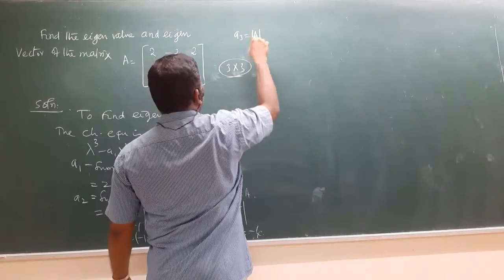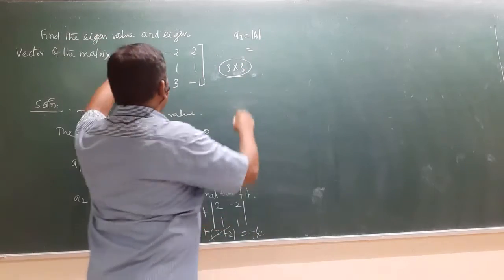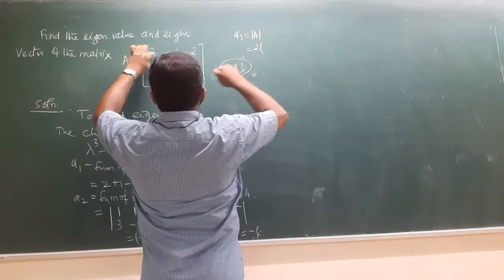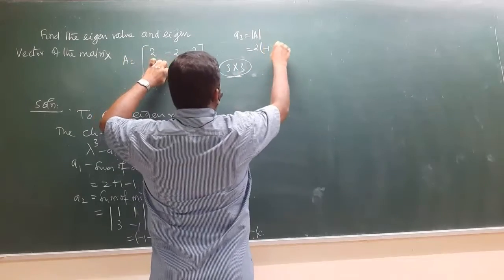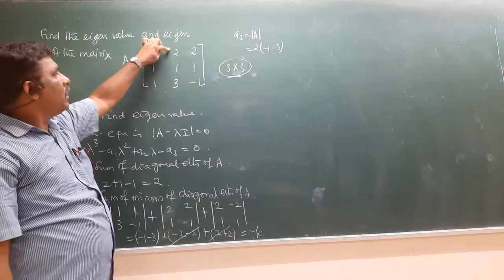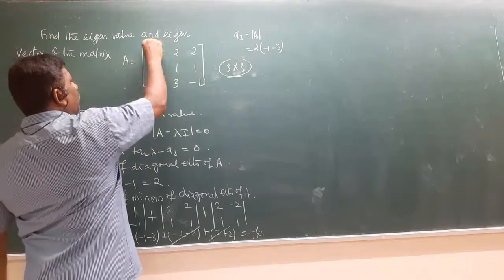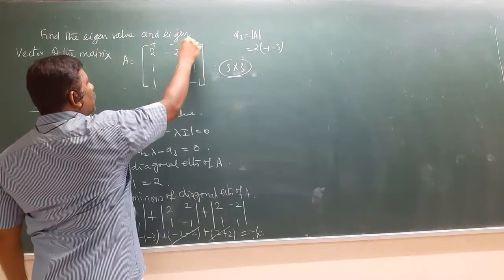A3 is the determinant of A, that is equal to the first element 2 into minus 1 minus 3. Here, already minus is there, so you have to put minus here, that means plus, minus, plus now.